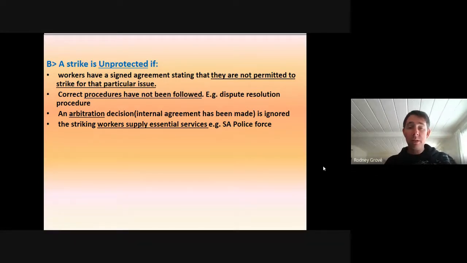If you dismiss every single mine worker there, you're talking about a few thousand staff. Now you need to re-advertise for those positions, interview for those positions, place them, train them, etc.